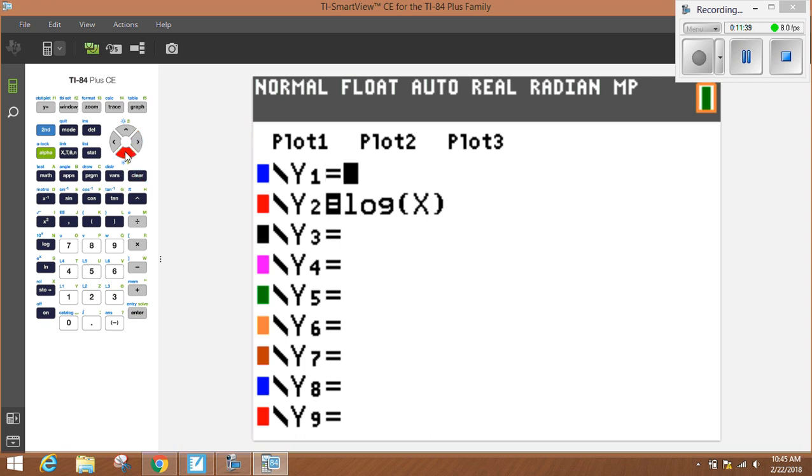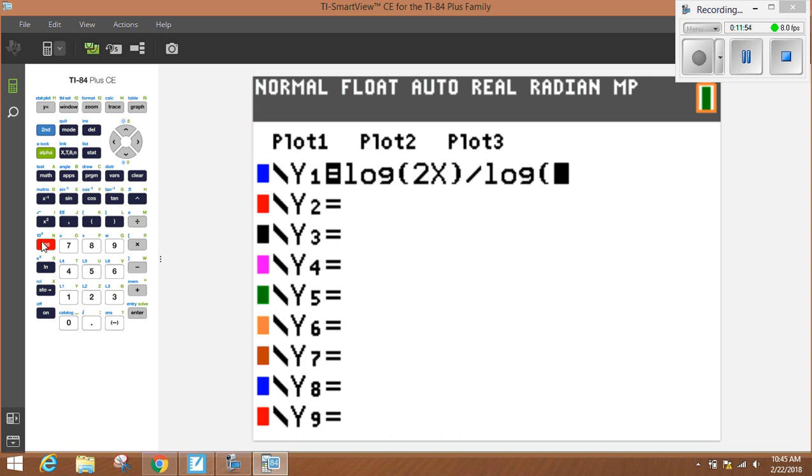So the other one's a little more interesting to do because I have to use my change of base formula. So log base 2 of 2x is the same thing as log base 10 of 2x divided by log base 10 of 2, right, using my change of base formula. And we're going to compare that to log base 2 of x, which is just log base 10 of x divided by log base 10 of 2.